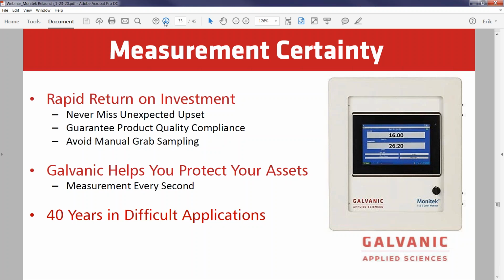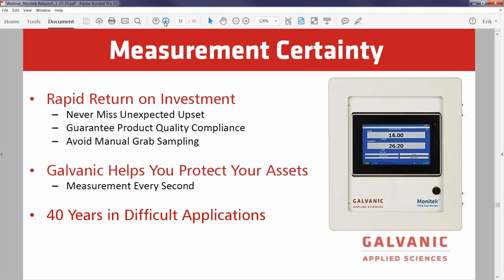You guarantee product quality and compliance. And most importantly, you avoid manual grab sampling. By doing this online continuously, you make sure that you're always measuring and you're always getting the results you need to be able to process, control, and to be able to understand what's actually happening from a measurement point of view. Galvanic helps you protect your assets.